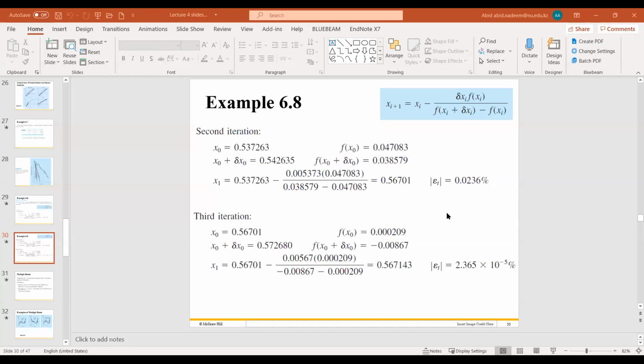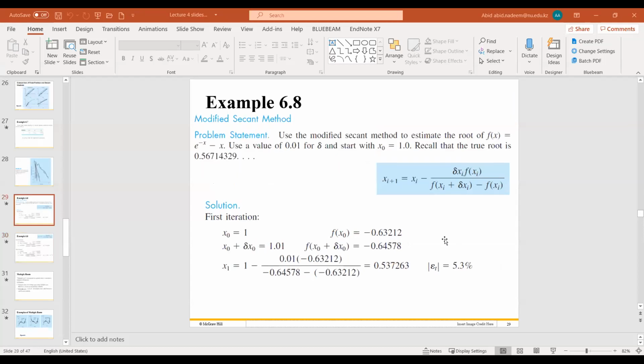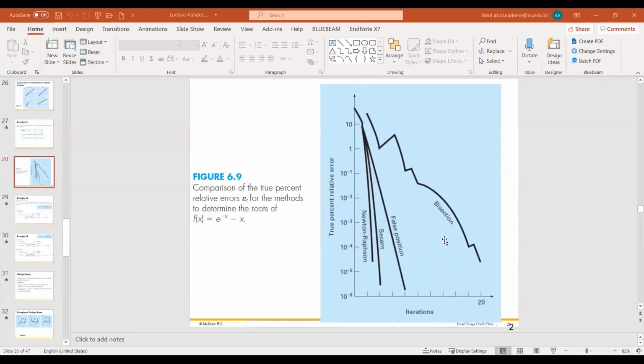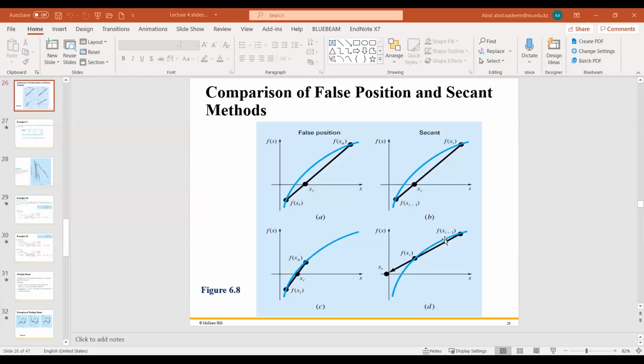So if you remember, last week we were at this example, which is about the modified secant method.